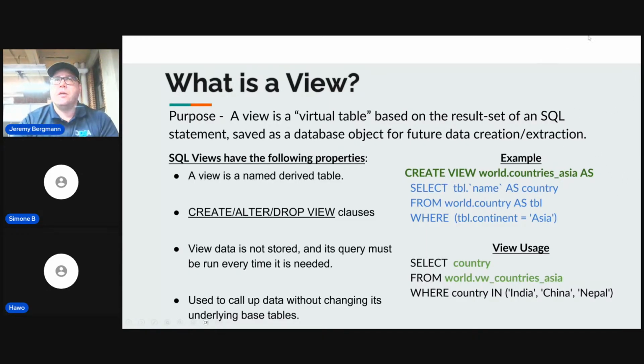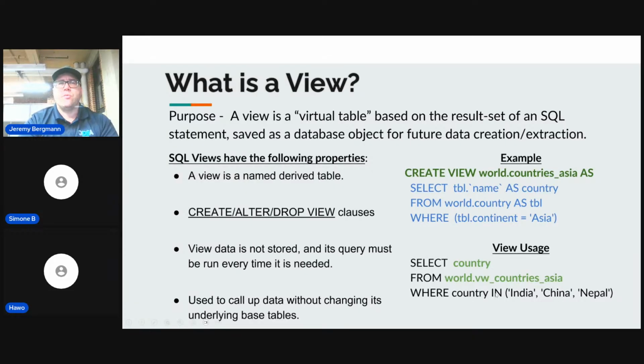So whatever the results are for that, saves it in the view, and then you could use it later. So you could just select the country like it's a table. So you can select country from that view that you created.